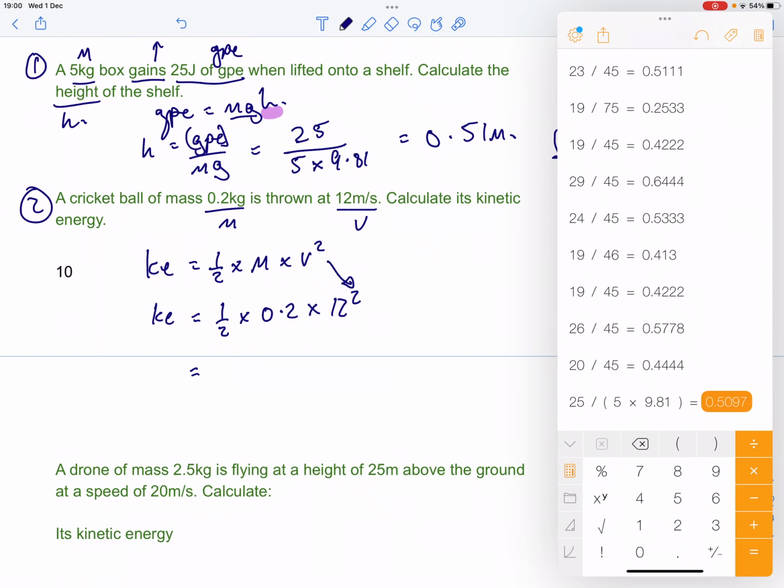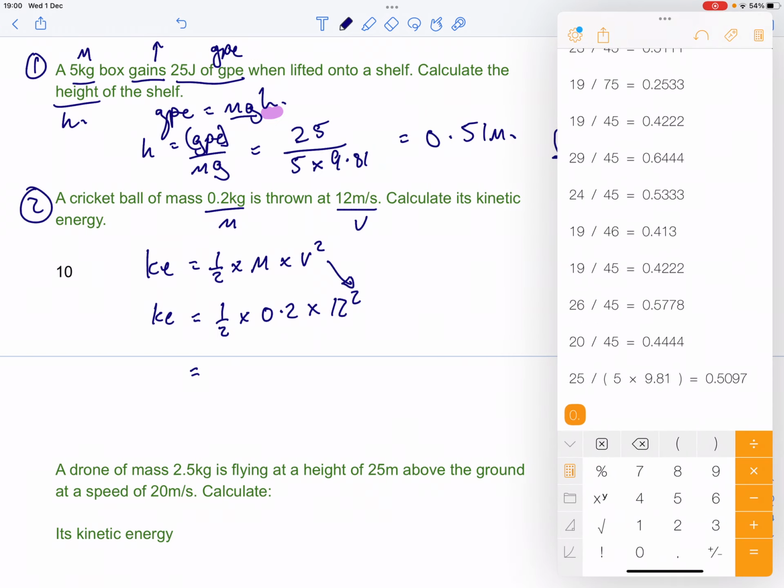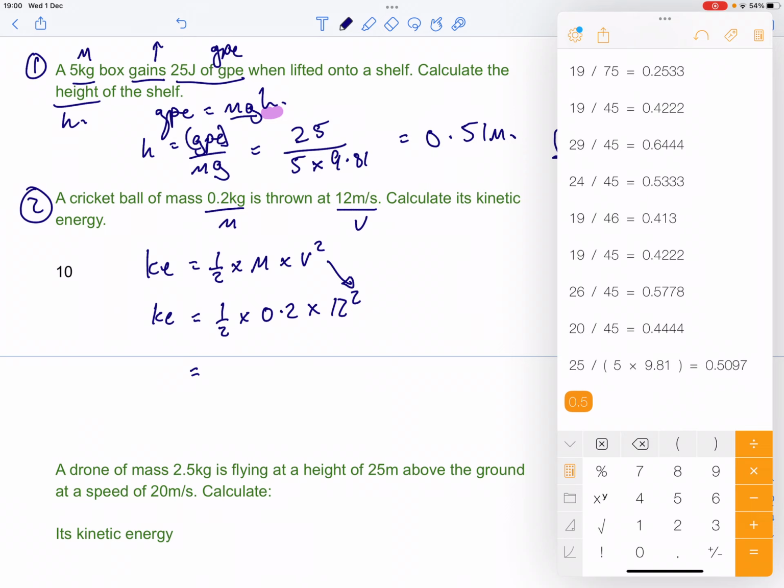So let's use our calculator again. The half is just 0.5 times the mass, which is 0.2, times 12 squared. Let's put the bracket in there. Whoops, let's start again on that one.